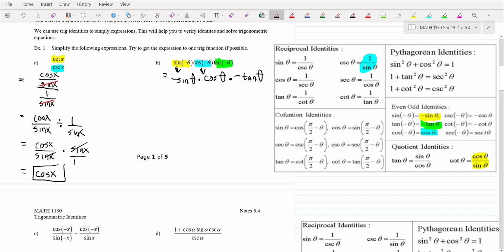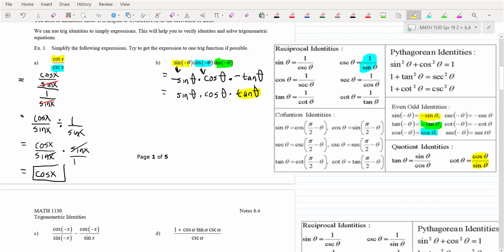Now we're going to take this and simplify it as far as we possibly can. A negative times a negative is a positive, so I'm going to write this as sine theta times cosine theta times tangent theta. We want to try one other thing, though. Any suggestions for what I could do with the tangent of theta?